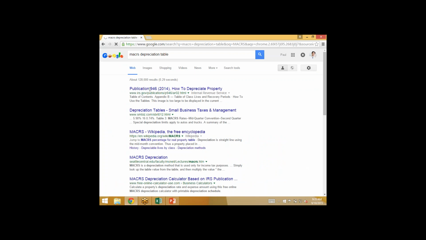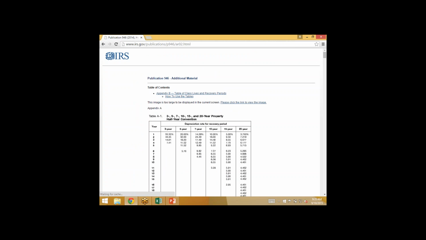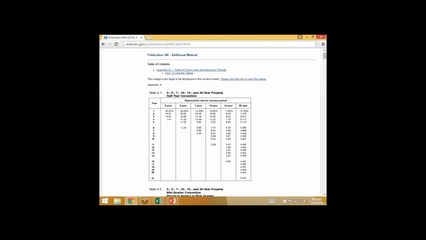One way to get it, and I know they kind of changed it. I showed you how to get it in the book, but unfortunately I think they changed the website link. But I just Googled MACRS depreciation table. Oh, here it is right here. Perfect. MACRS depreciation schedule. Here's the percentages.